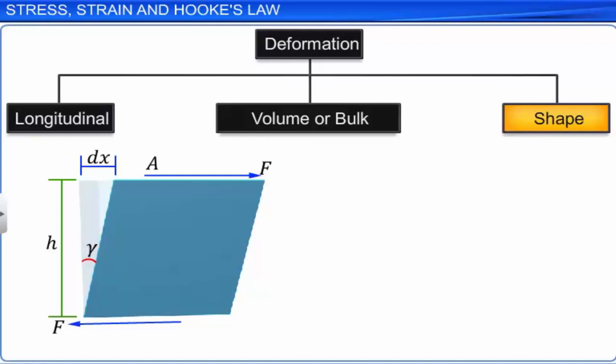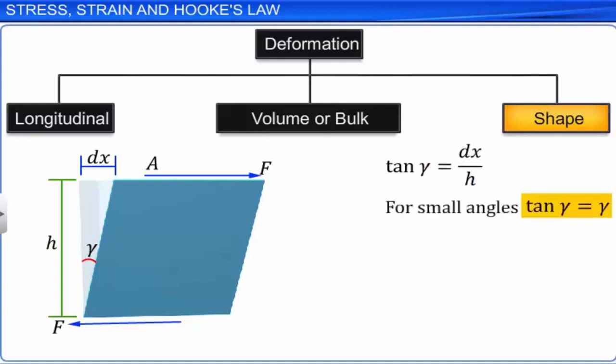Robert Hooke found that for most materials, for small values of strain, the stress is directly proportional to the strain. Thus, we have stress is equal to K into strain, where K is the constant of proportionality called the elastic modulus of the material.